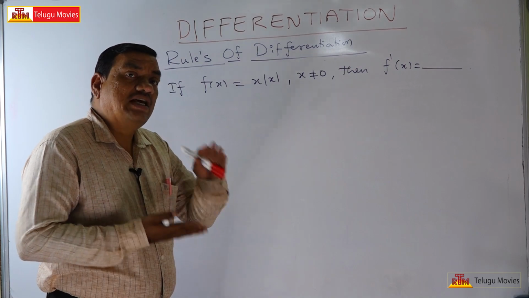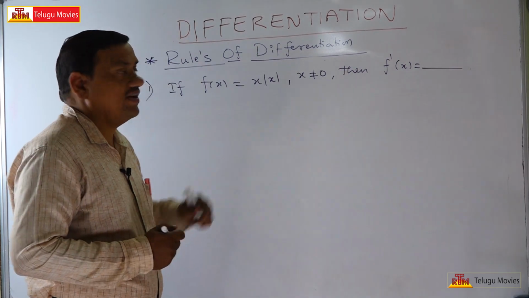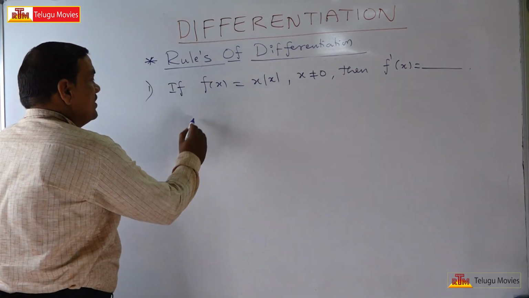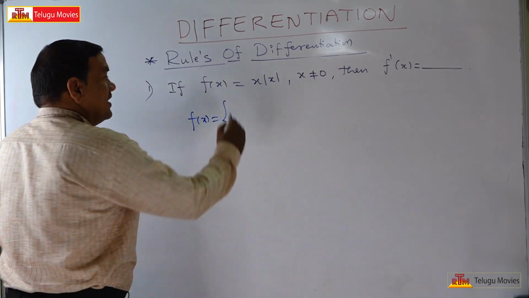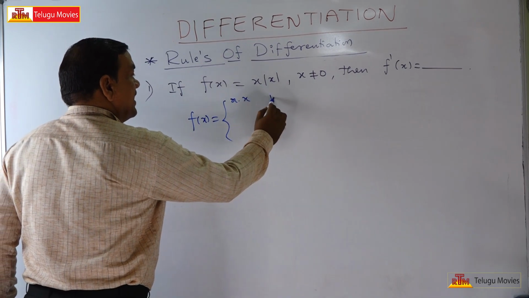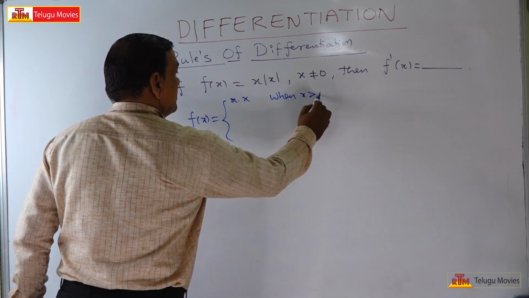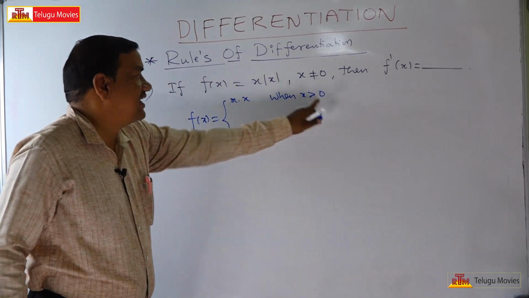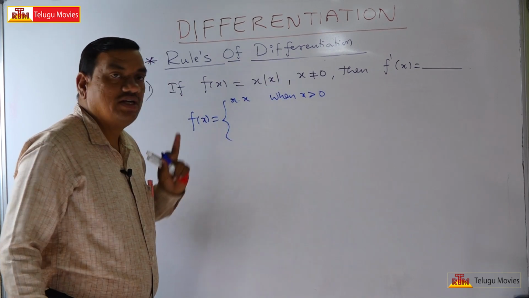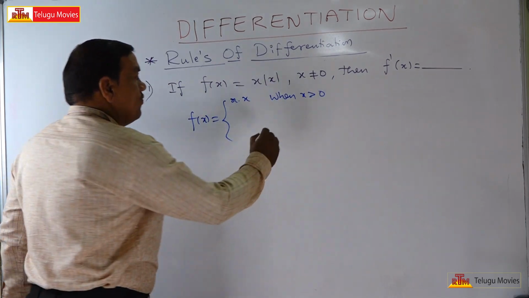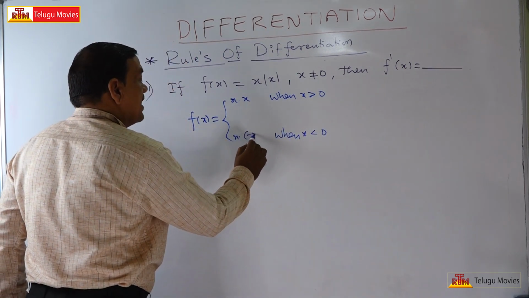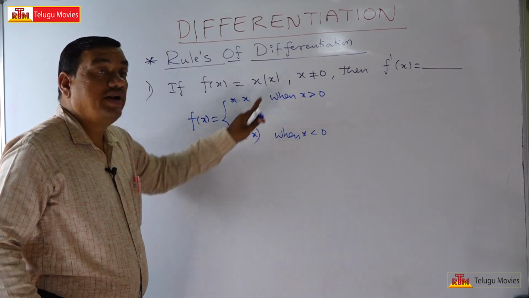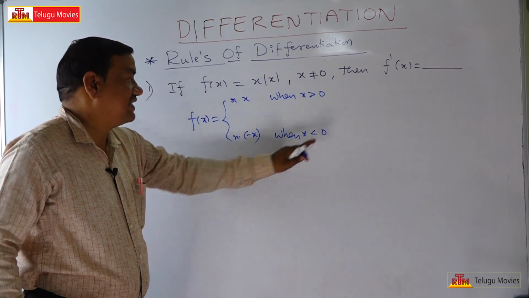First, clearly define the given function. f of x is equal to x into x when x is greater than 0, because when x is greater than 0, mod x is x. When x is less than 0, it is x into minus x, because mod x is minus x when x is less than 0.